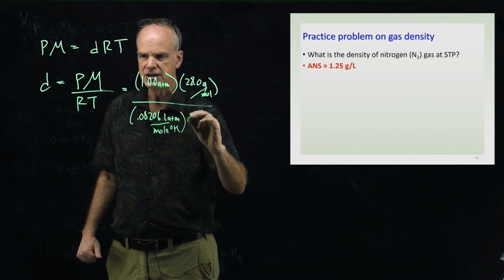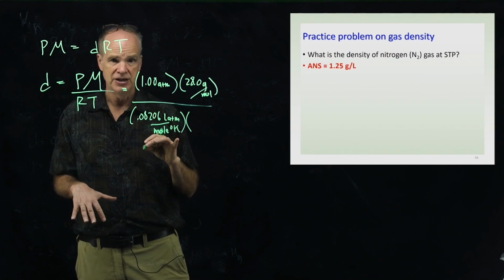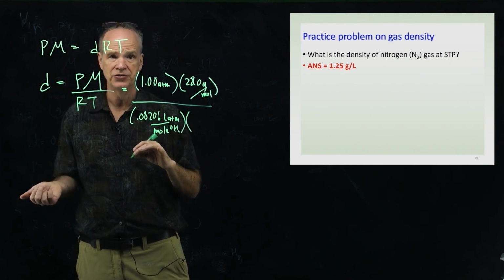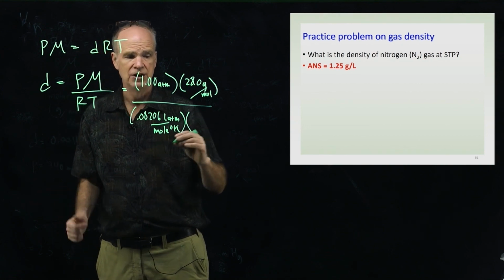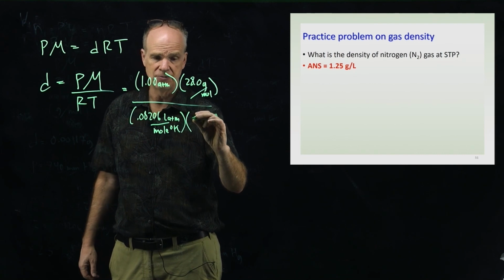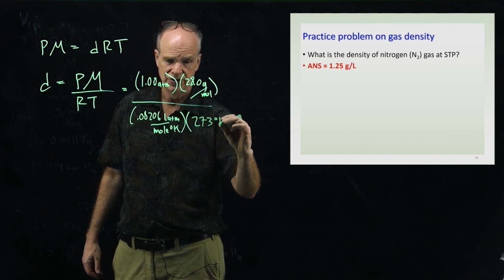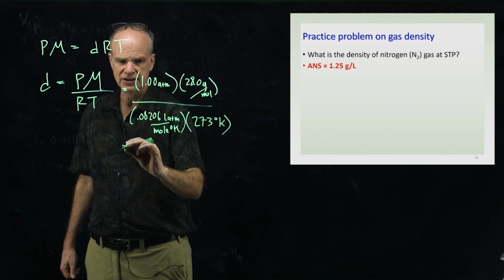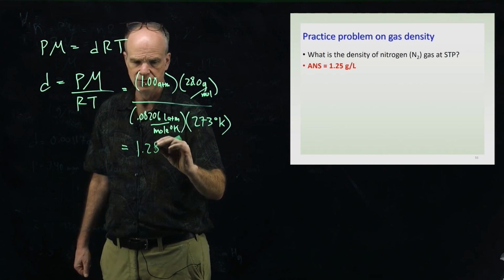And then T, what you would have to do is at standard temperature, which is what we're at, that's 0 degrees Celsius, we have to get that into Kelvin, so that's 273.15 degrees that you add to 0. And so that's going to be rounded to the correct number of significant figures, 273 degrees Kelvin. So I think if you go ahead and plug in those numbers, you get 1.25.